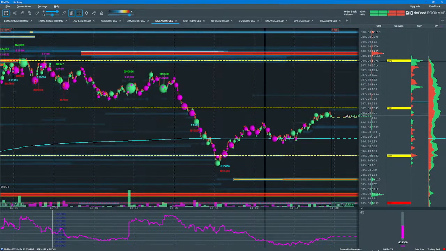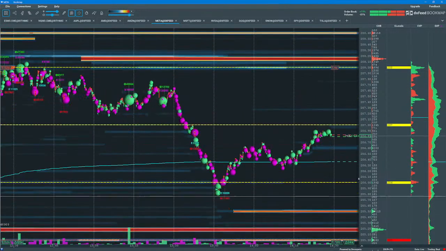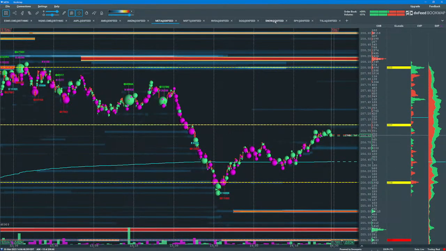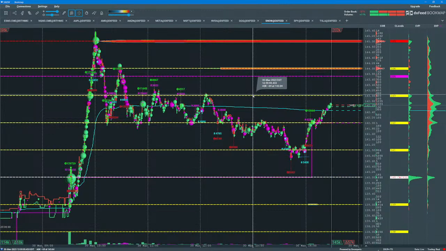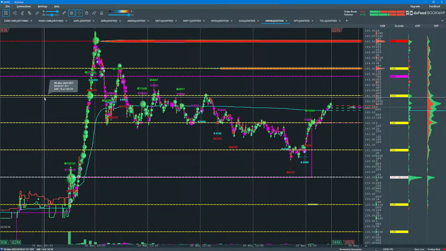All right, the last one that I want to take a look at is Snowflake. I added this stock a while ago, and recently it really hasn't done much, and somehow today it really took off.